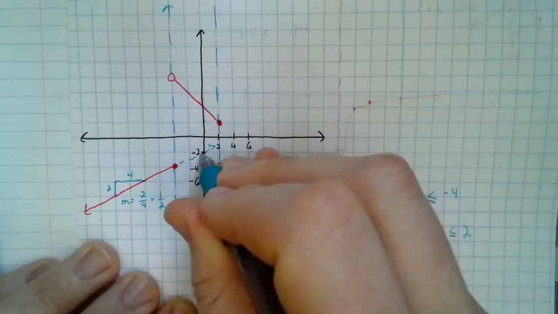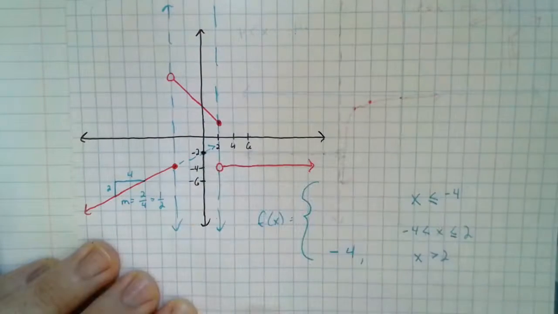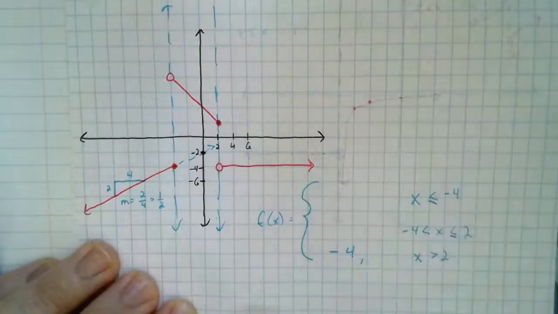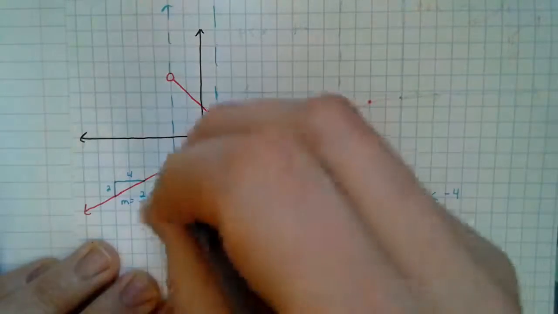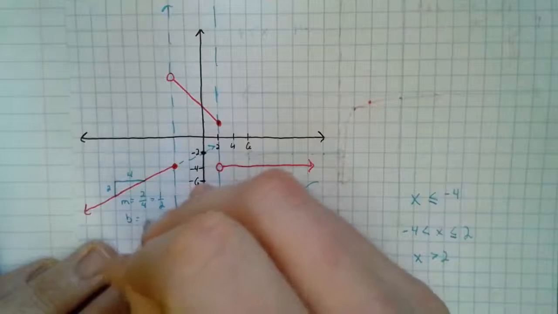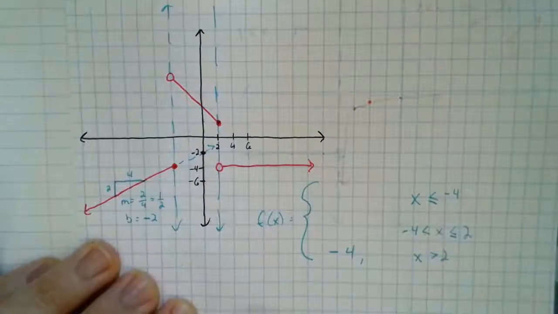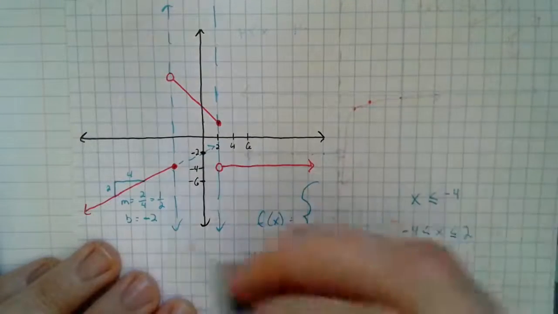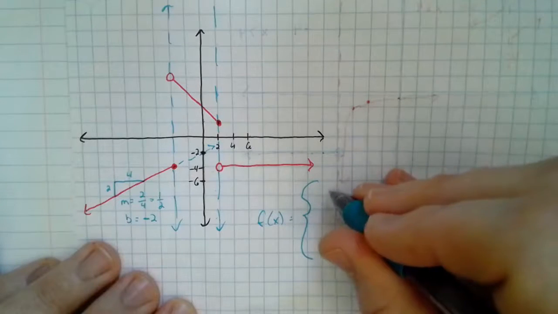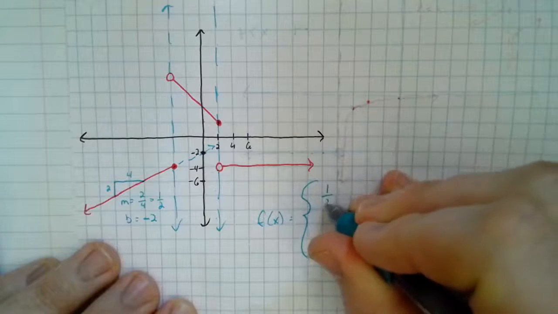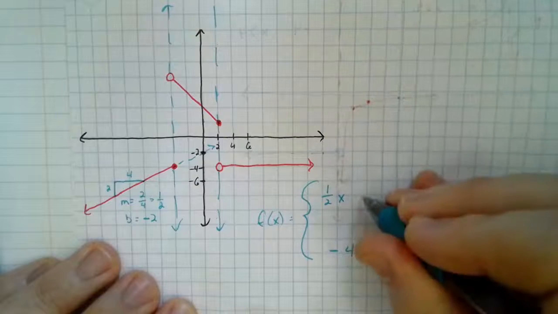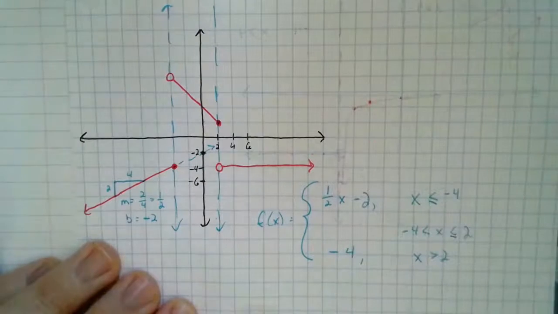And if it were to keep going, where would it cross? I can see it would cross here at -2. So my y-intercept will be b equals -2. So now I can write this equation, y equals mx plus b. It'll be 1/2 x minus 2. And that's for my first interval where x is less than or equal to -4.